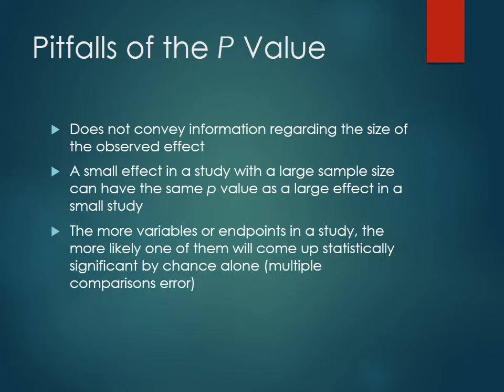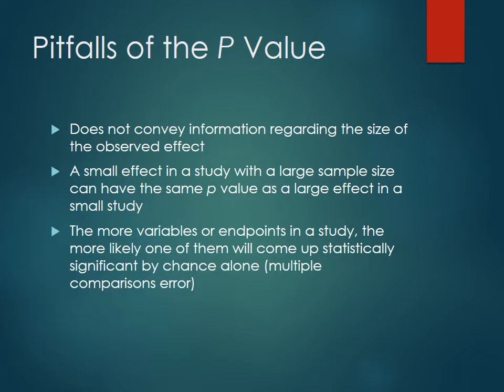So if I have a small study where I only maybe have, say, 30 participants in it, and I were to have a very large dramatic effect, it's going to be easier to get a significant p-value. And on the other hand, if I were to have a very small effect that's occurring in a very large population, so say I was looking at 1,000 participants in a study, it's going to be easier to detect a very small effect. So just keep in mind that just because the p-value is significant does not mean that it actually refers anything back to the real effect size that you're looking at.